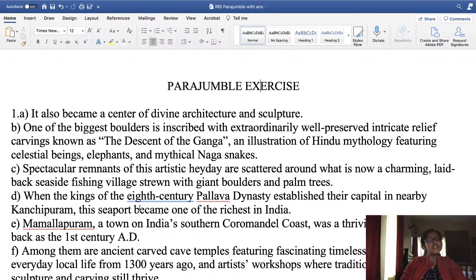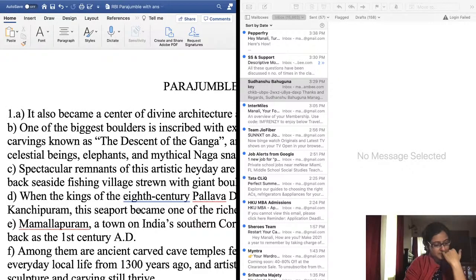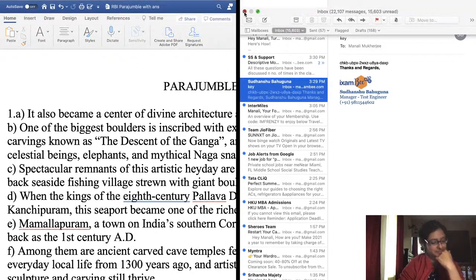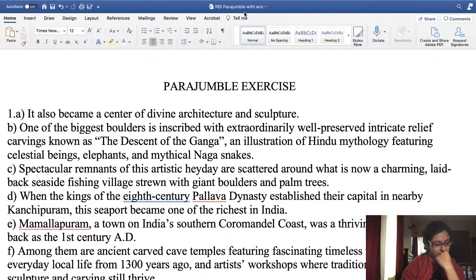Excellent. The word carving. Which sentence introduces carving? Which sentence tells you that in the beautiful village of Mamallapuram, we have boulders and we have carvings? Yes, excellent.